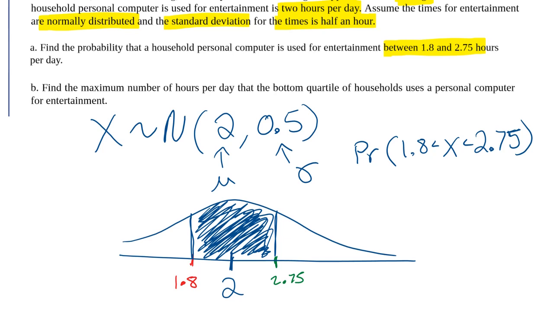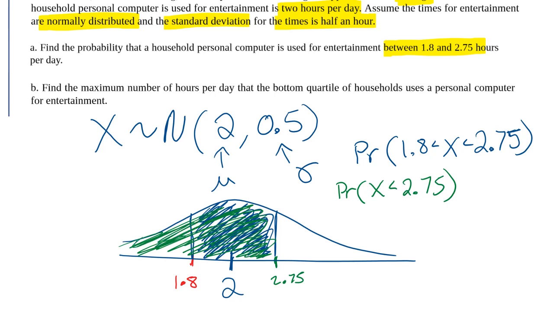For example, if I were to start by finding the probability that X is less than 2.75, that would be all of this probability starting at 2.75 and going all the way to the left. That's what the cumulative probability is going to find us. But that's too much. We don't want all of this green area.